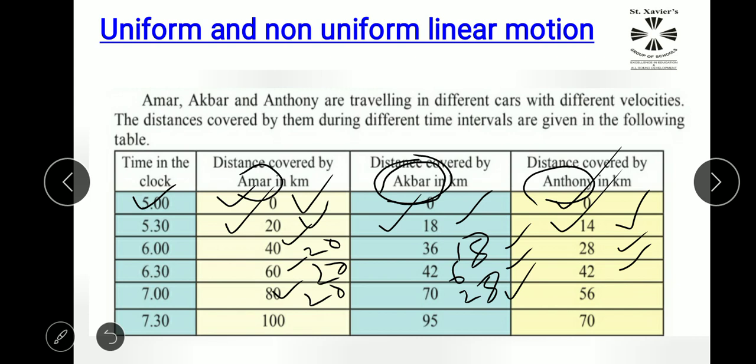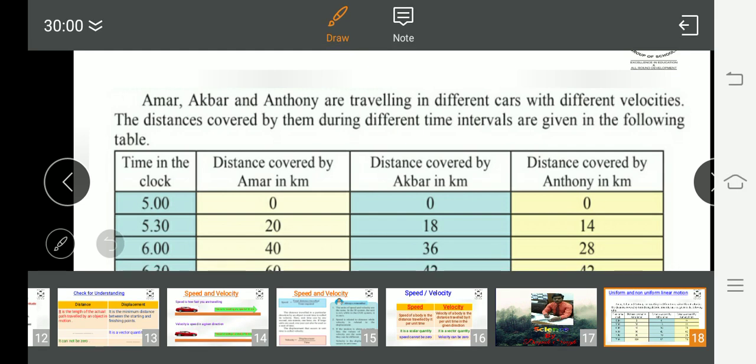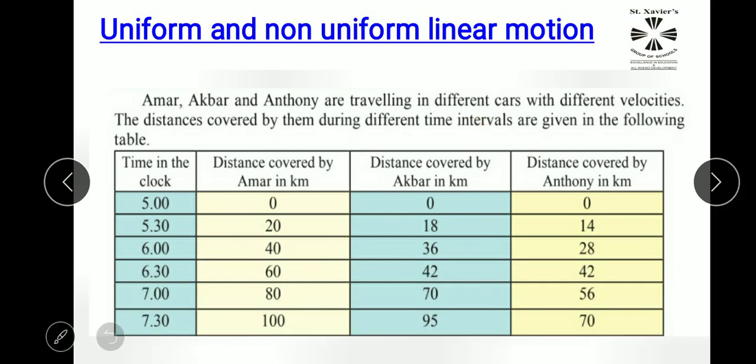So this is about uniform and non-uniform motion. In short, if the speed is constant, the distance covered by the traveler is constant per unit time, we can say the motion is a uniform motion.